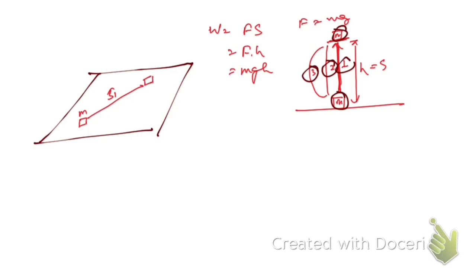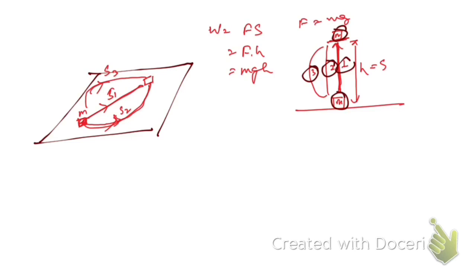Now if you displace it through another path like this, s2, and another path s3, the total work done in these cases will be different. So when you work against the friction on the table to slide this object through different paths, against the force of friction, the work done will be different.